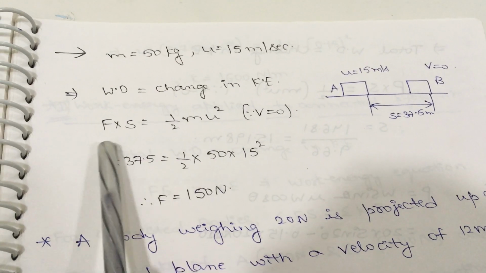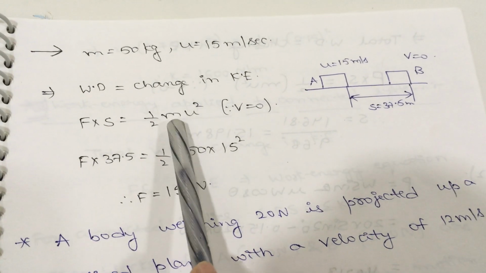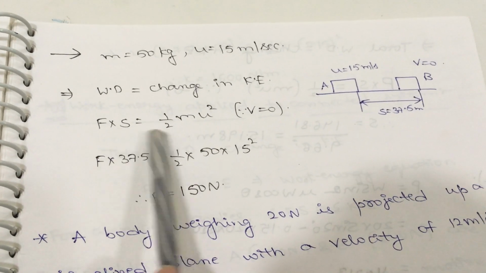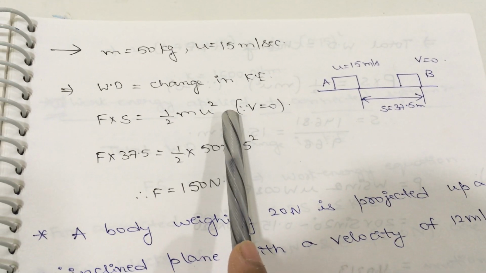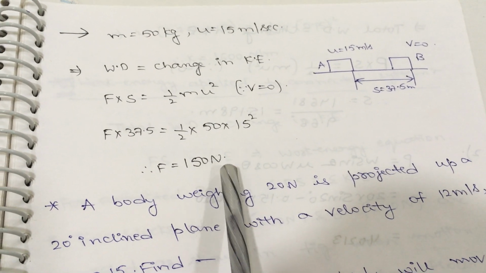In this formula we know the S value, the mass value and the initial velocity value, which are given in the question. So substitute all the values given in the question in this work energy equation, make F the subject, and you will get the F value in Newton.